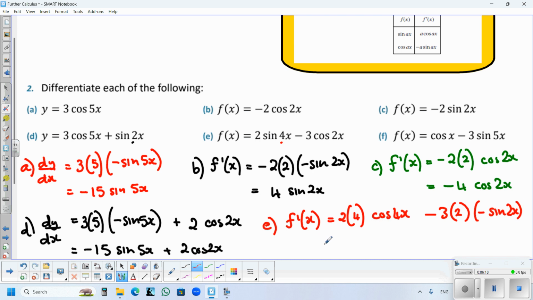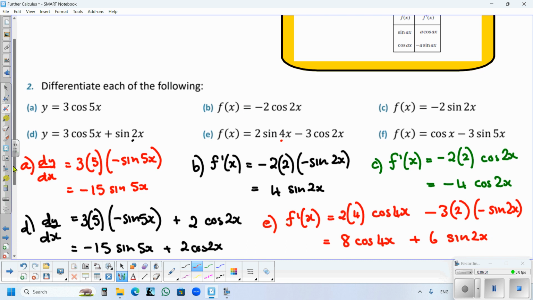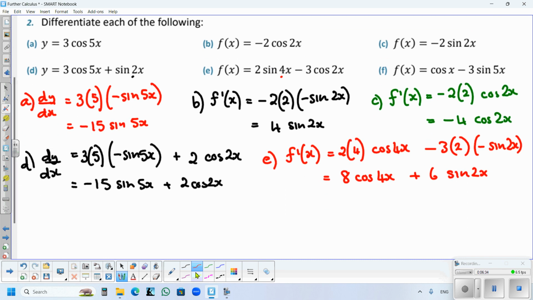Tidy all of that up, gives us 8 cos 4x, minus the minus makes a plus, and 3 2s are 6, so it's going to be 6 sine 2x. Okay, and the last one there is part F. So for part F, we've got f dash x, and we want the derivative of cos x.